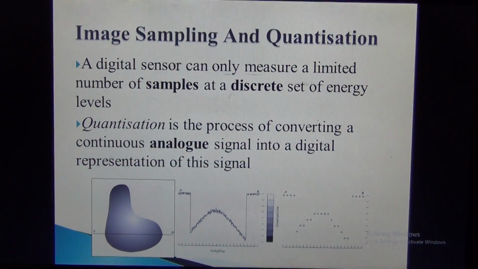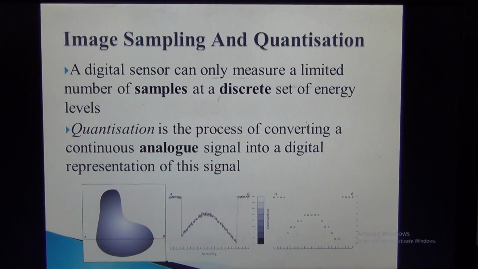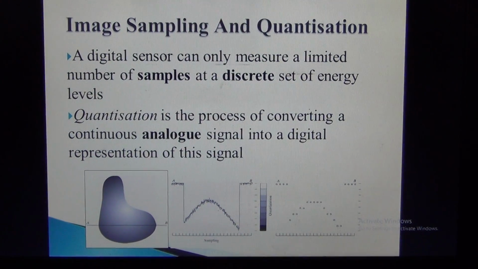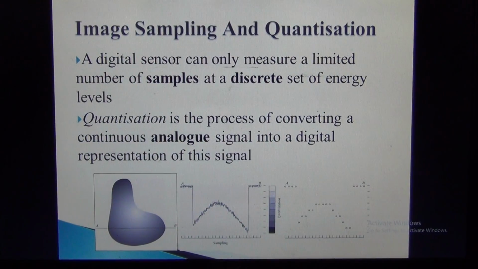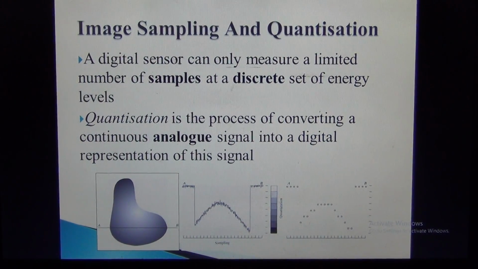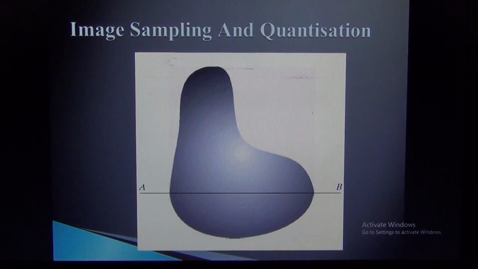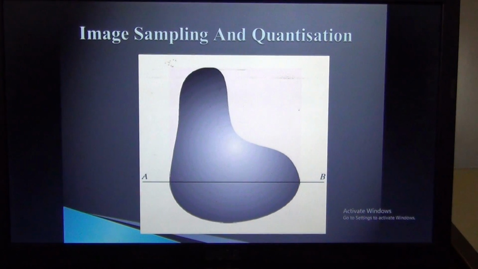The continuous image is projected onto a sensor array, and then finally we will get a result of image sampling and quantization. In practice, the method of sampling is determined by the sensor arrangement used to generate the image, and quantization of the sensor output completes the process of generating a digital image. Here we can see the different gray levels of an image as shown in this diagram.